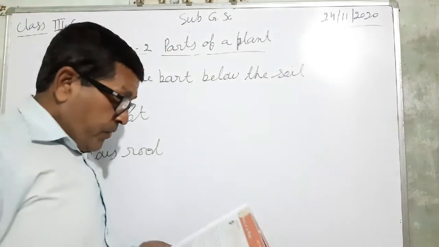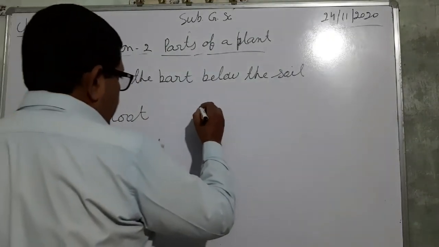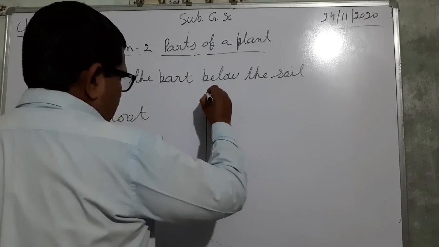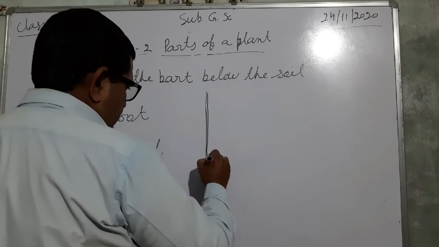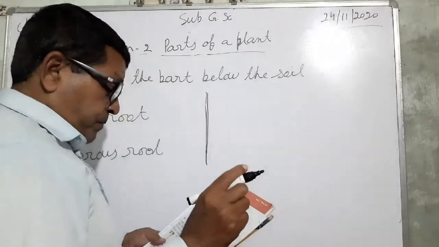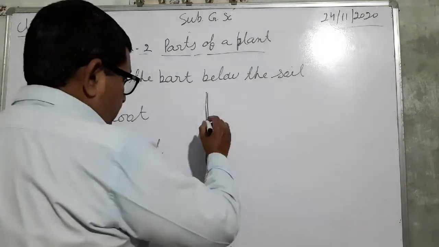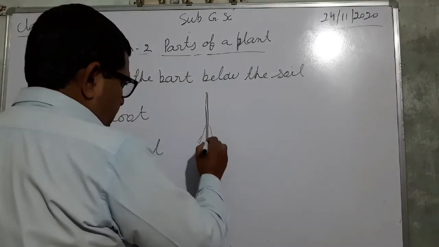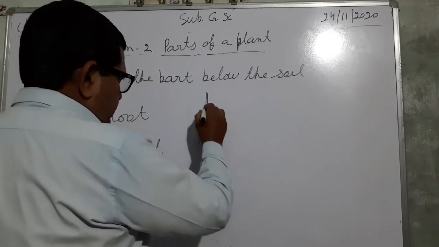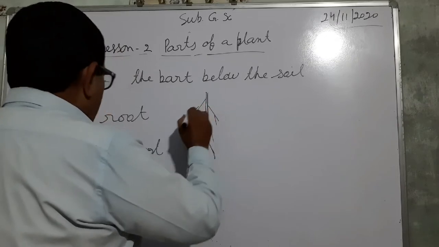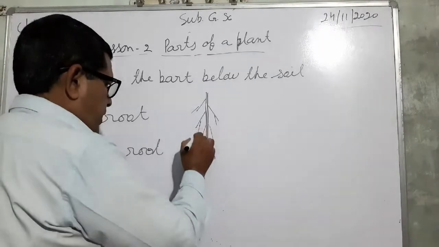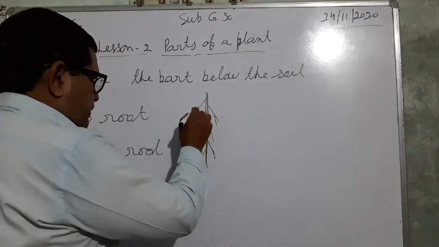In tap root there is one main root, and from this root many branches arise. This is about the taproot. If you see here, this is the root, bunch of roots.